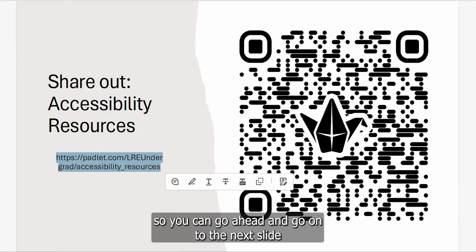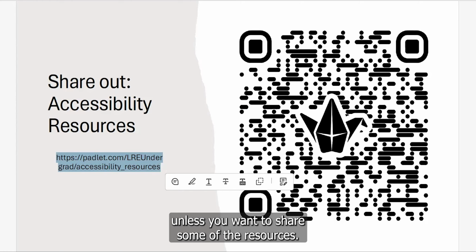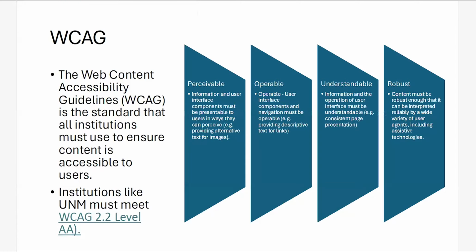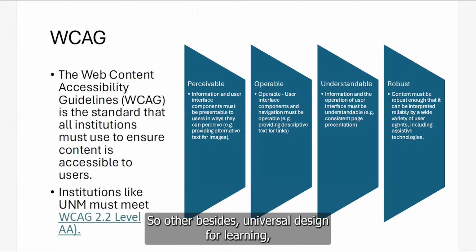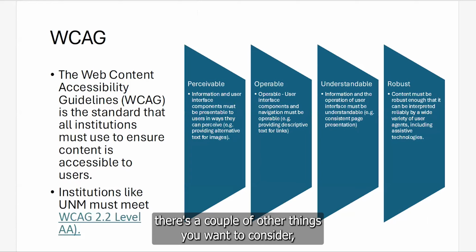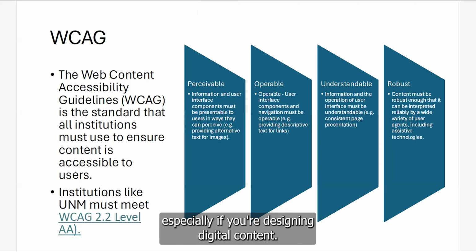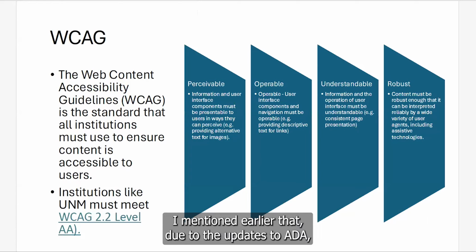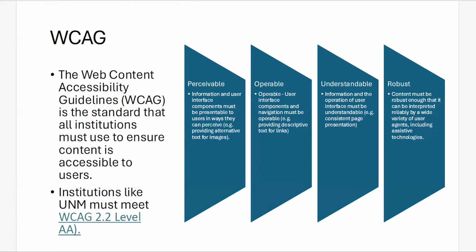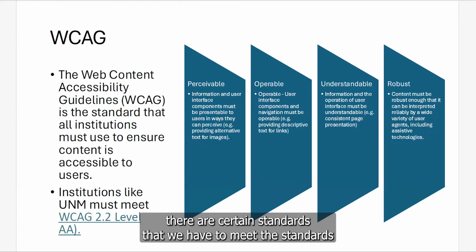So you can go ahead and go on to the next slide, unless you want to share some of the resources, Jennifer. I'm not sure. Okay. So besides universal design for learning, there's a couple of other things you want to consider, especially if you're designing digital content. I mentioned earlier that due to the updates to ADA, there are certain standards that we have to meet.